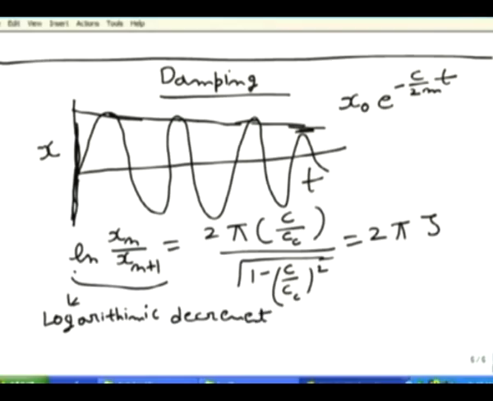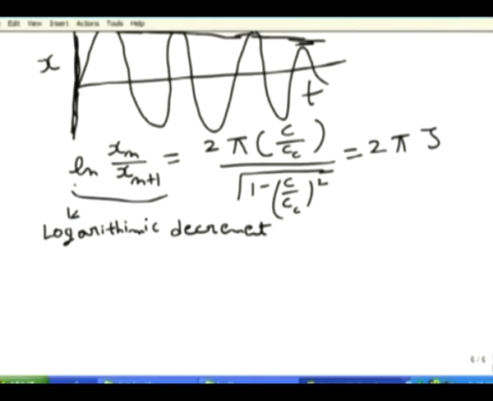In practice, the ratio between two consecutive peaks may be small and may be difficult to measure. Means it can create measurement accuracy problems.